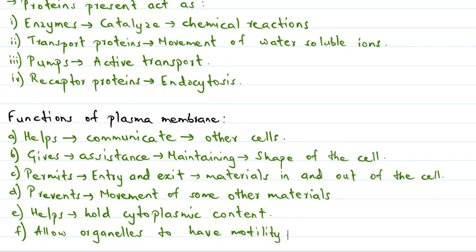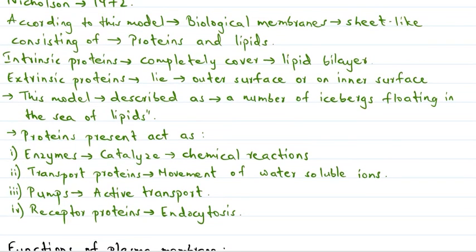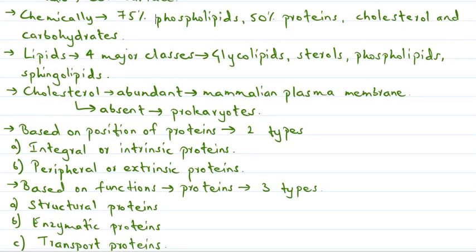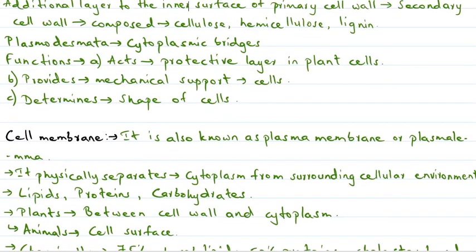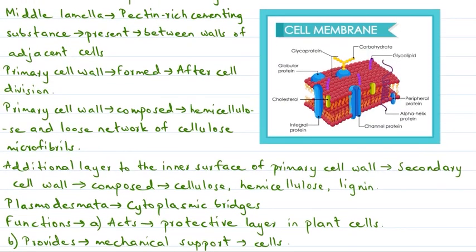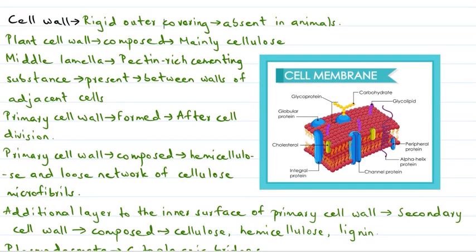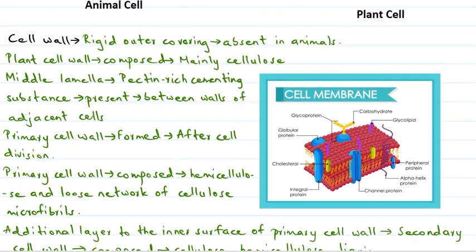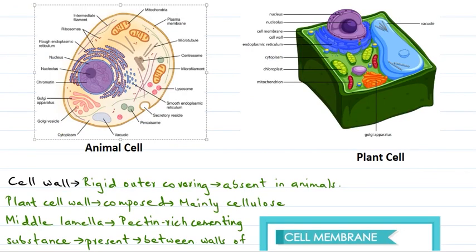So now let's quickly revise everything that we have covered today. Today we talked about eukaryotic cells, and we discussed the cell wall that is present in them, and we also talked about the plasma membrane. First we saw plant cell and animal cell.